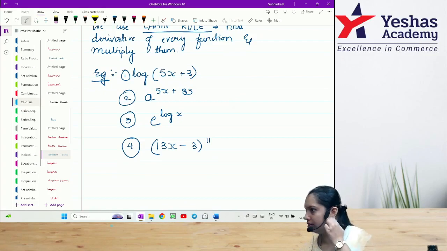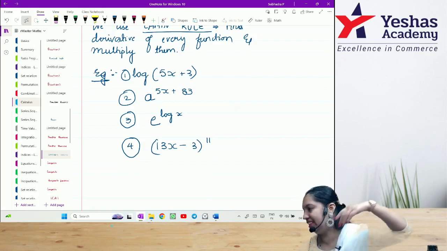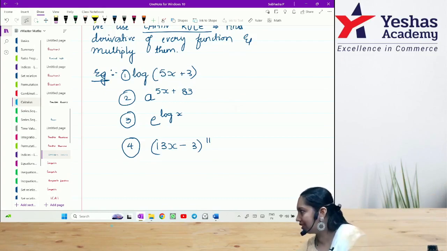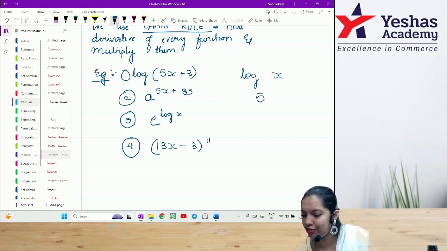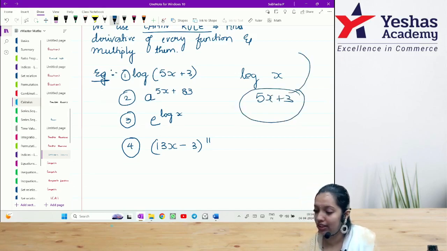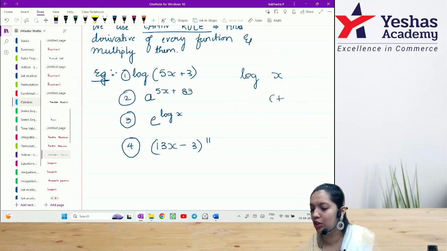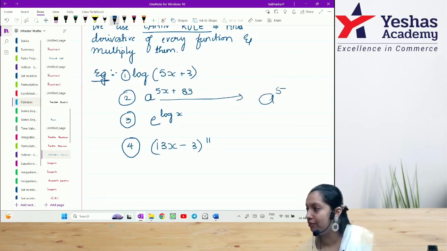Do you feel the difference between the other questions that we have done versus this? Either I had log x or I asked you to find the derivative of 5x plus 3. Here two are mixed, one inside the other. So this was a composite function. Either I would have told you to find a power 5 or 5x plus 83. Here, a to the power of 5x plus 83.